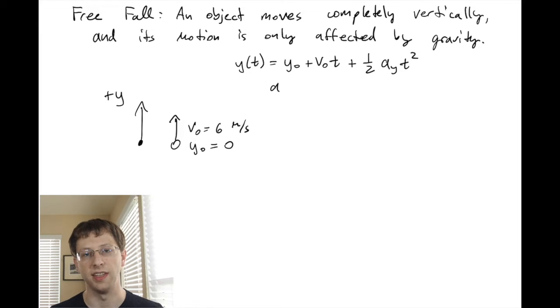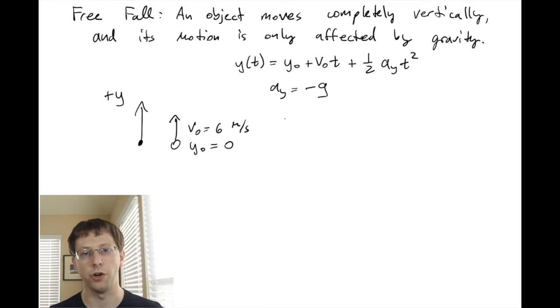So in this case, the acceleration in the y direction is equal to negative g, because normally you would define up as the positive direction. So if up is the positive direction, then down is the negative direction. So the acceleration in the y direction is negative g.